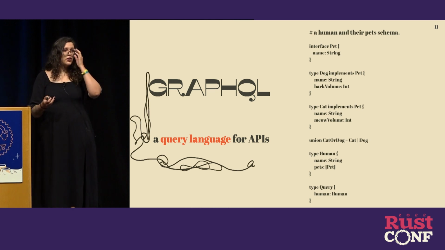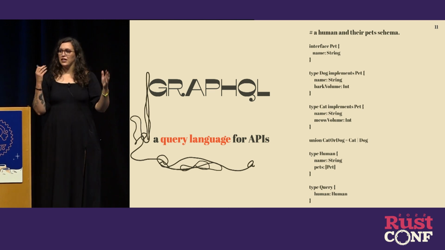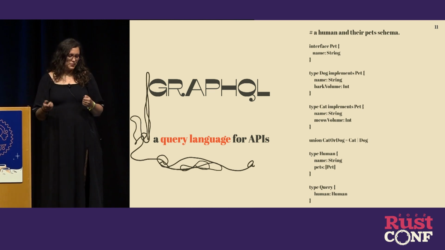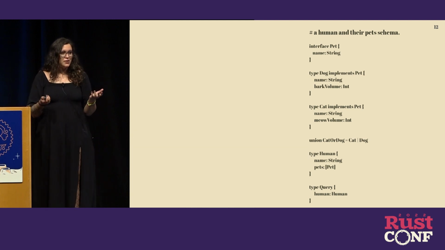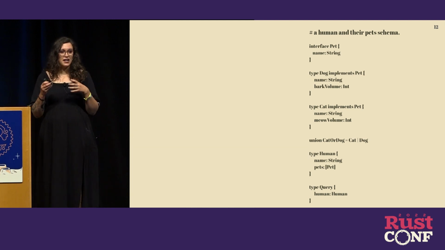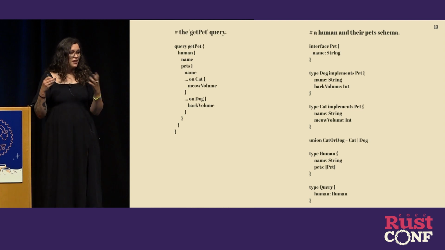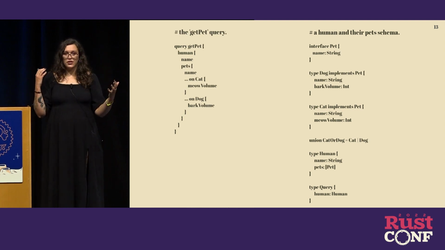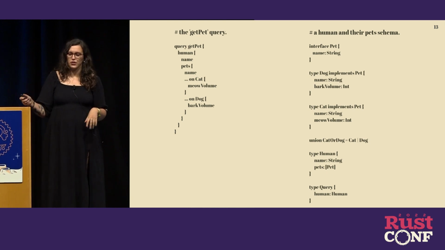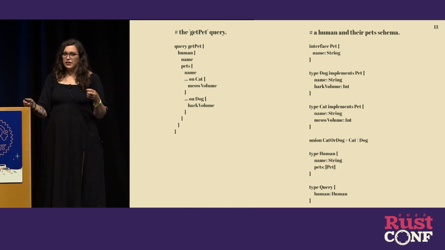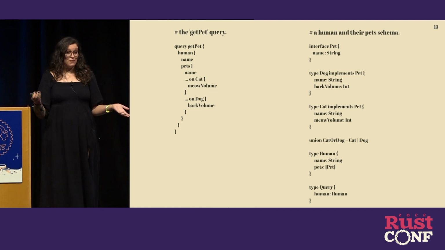There's also a spec for validation of these types, and so on and so forth. So it's quite explicit. A schema can also have a query that has a relationship to the schema, and it looks like this. Also, the types get reused, and this is the shape of the query language itself.